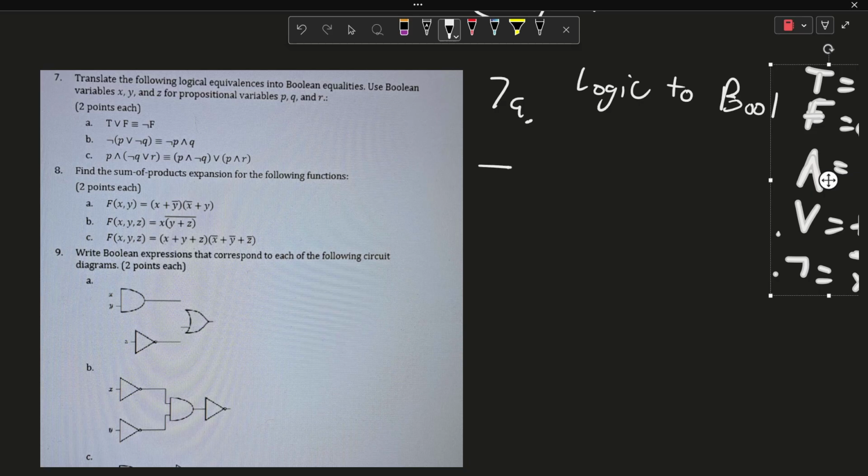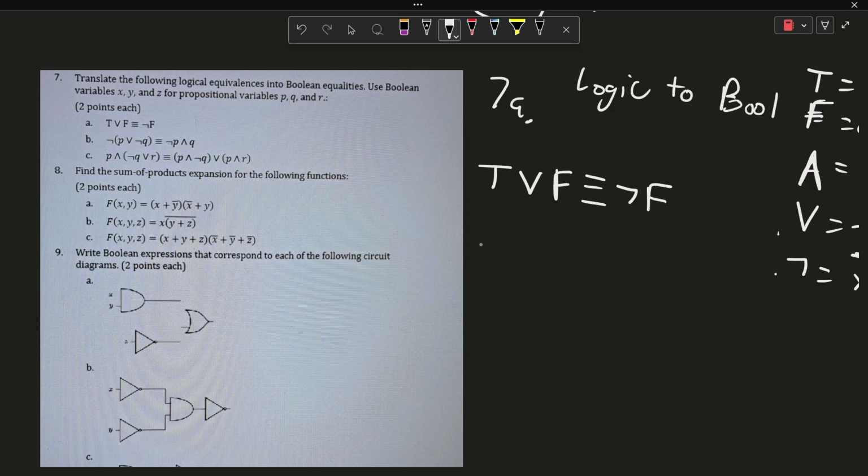So the first one is T F equivalent to not F. Like I said, each true is 1, and OR is plus, so 1 plus 0 equals, 0 not, which just simplifies to 1 plus 0 equals 1.